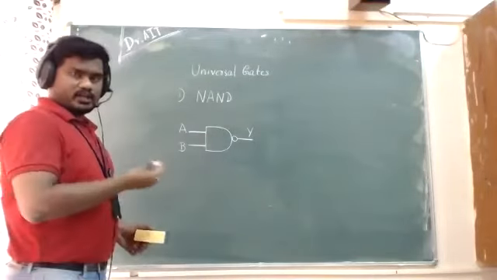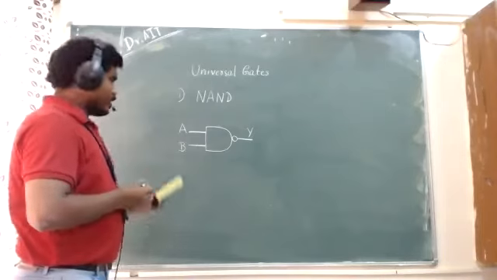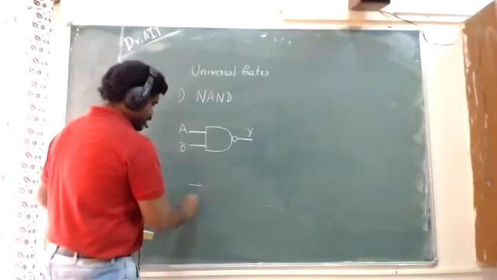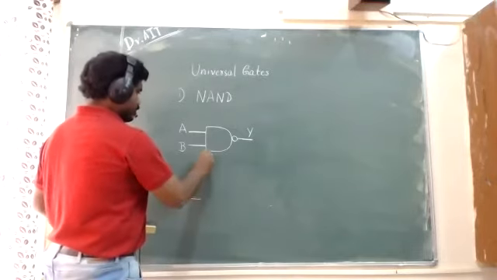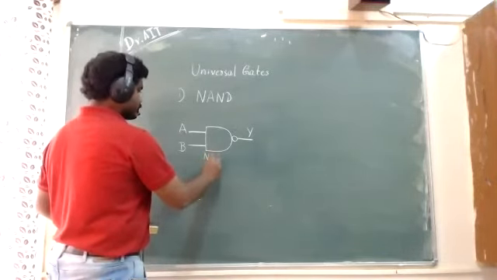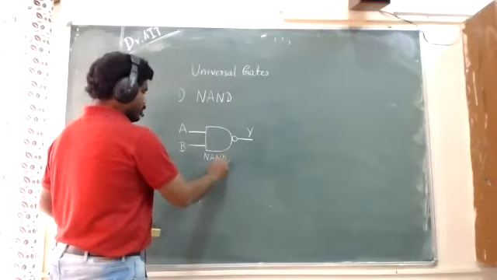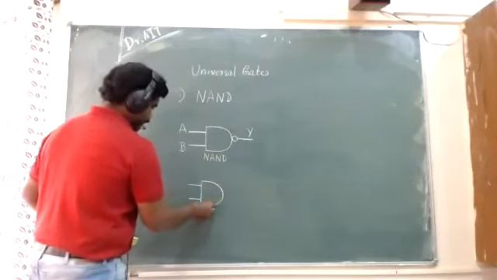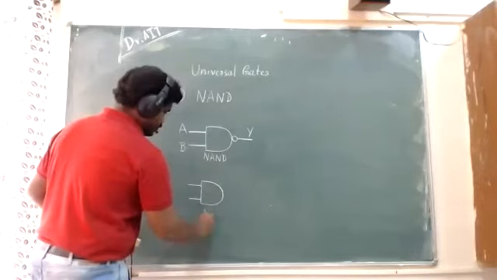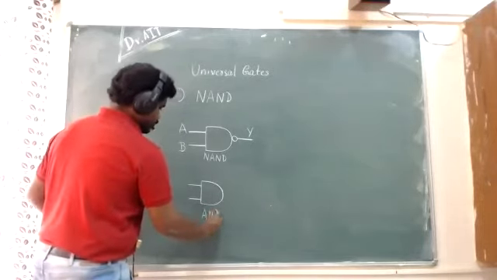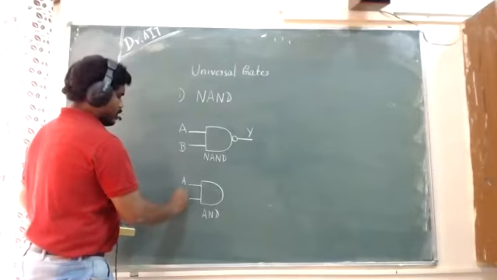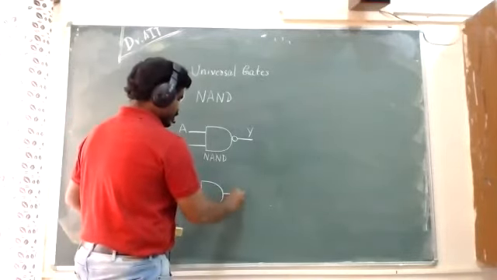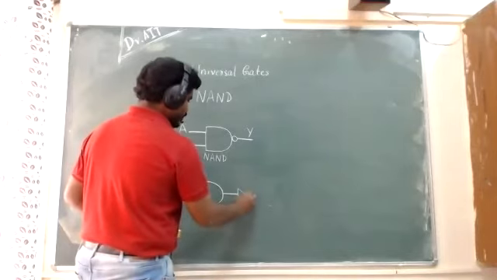Now we can also write this NAND gate in this form. That is, I will take the AND gate, and the output of the AND gate is given to the inverter.